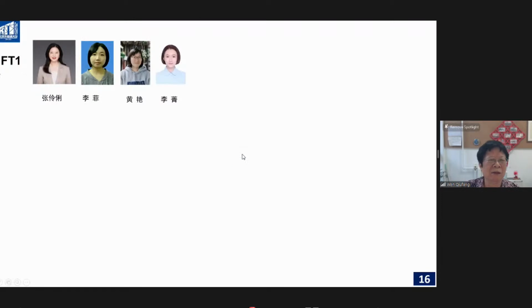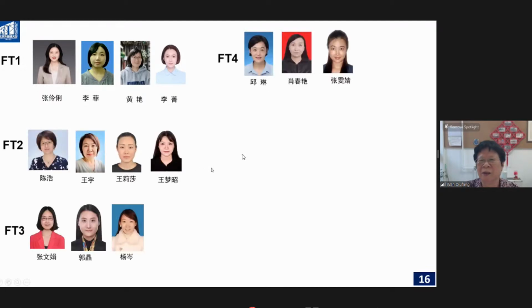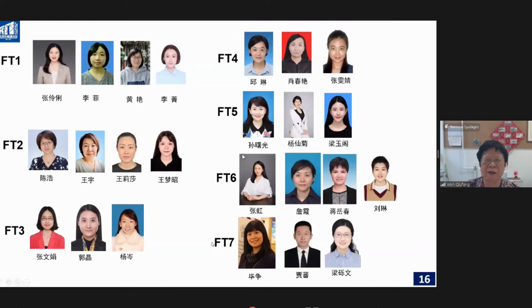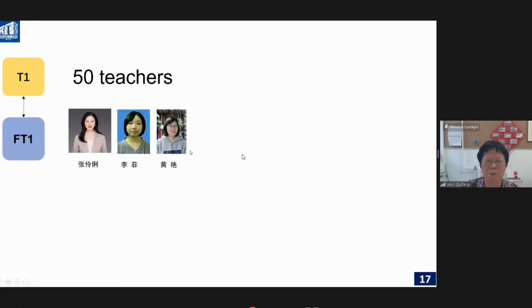You see, this is the first facilitating team. The first one is a core member. And the second and the third, fourth, fifth, sixth, and the seventh. And I will take the first team, for example. The first team has about 50 teachers. And the facilitating team has got 4 members.